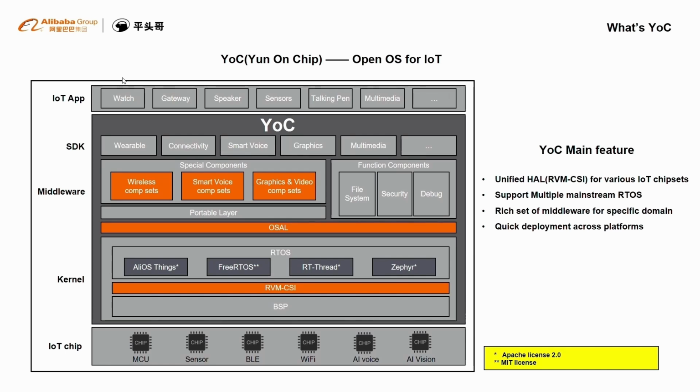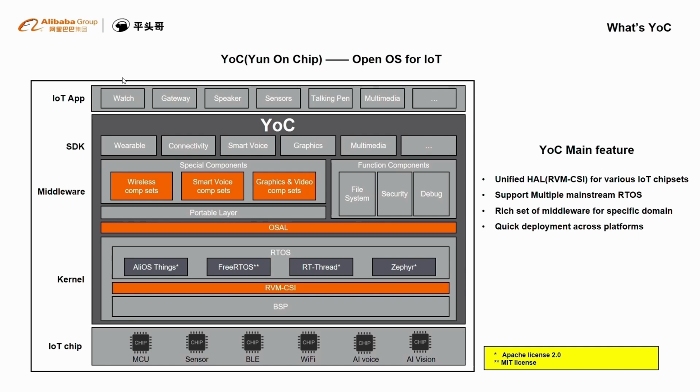It provides a unified interface, which we named RVM-CSI, on top of various IoT chip drivers. It has been proven to be a lower density hardware abstraction layer, and has been adopted and standardized by RISC-V International. We also offer an OSAL interface that can support multiple mainstream RTOS, such as FreeRTOS, RT-Thread, and so on.